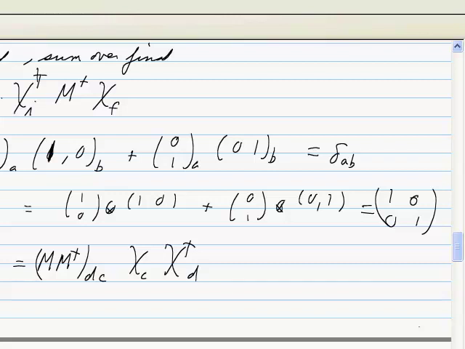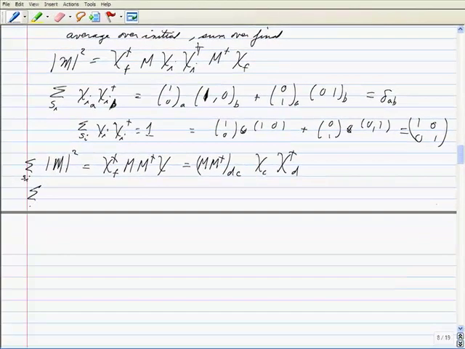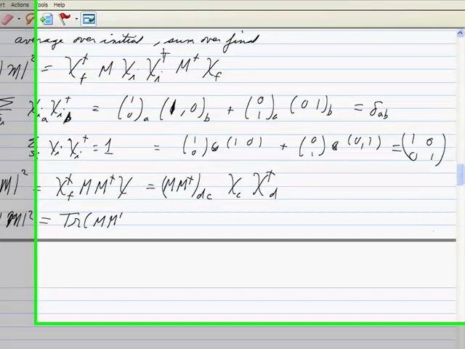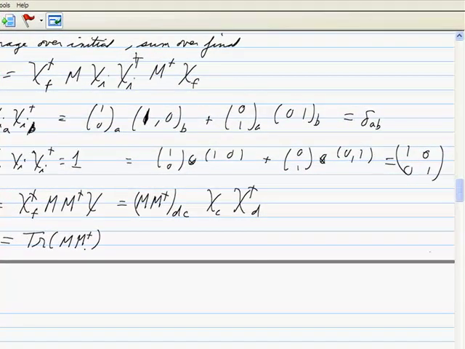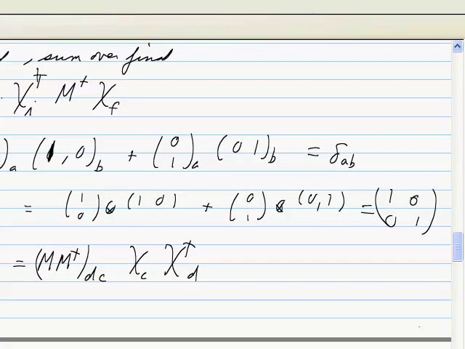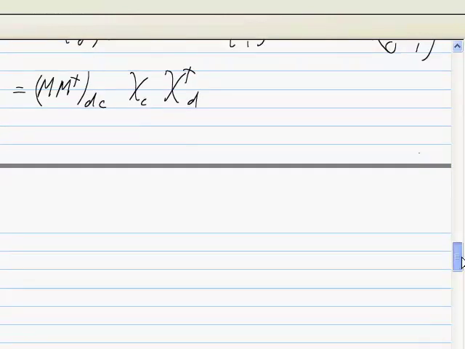Do the sum over the final guys. So if I sum over the initial and final guys of M squared, it equals trace M M dagger. Okay, so this turns into the unit matrix also, times this unit matrix turns into the trace, and we're done.